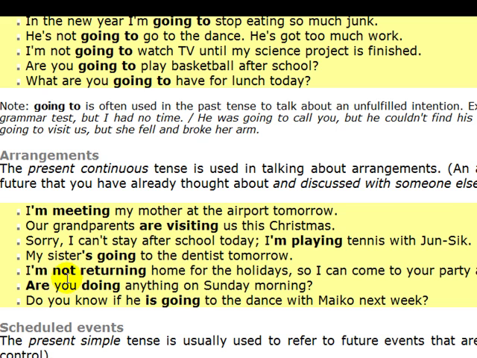Here we have the negative form, I am not returning home for the holiday. We have the question form, are you doing anything on Sunday morning? Do you know if he's going to dance next week? These are question forms. Are you and do you make them into a question.